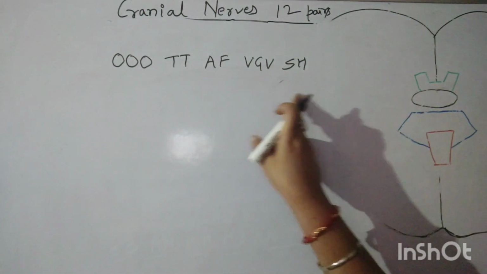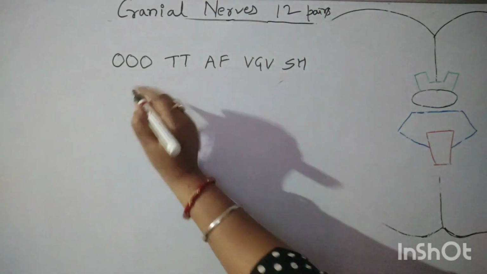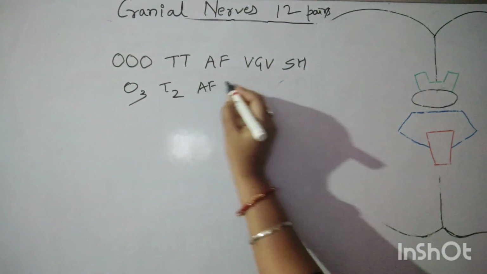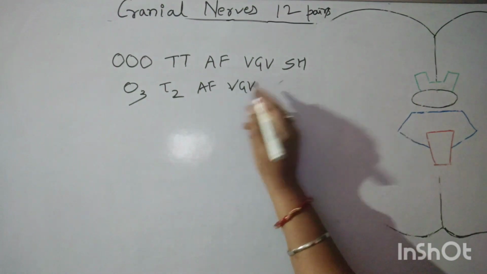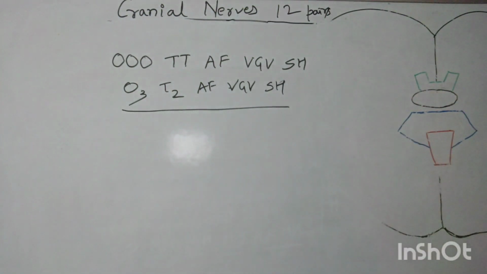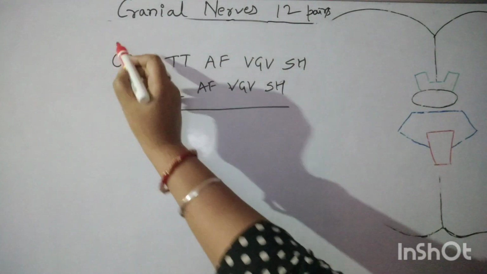Now these are the 12 cranial nerves. O means O3, T2, AF, GV, VGV, SH. This is a mnemonic. And the second mnemonic is to remember which nerve is which.